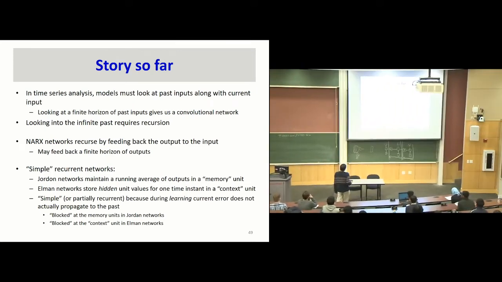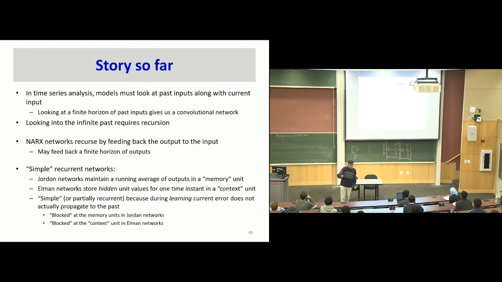Now you have these so-called simple recurrent networks, which explicitly try to model the memory through a variable. Jordan networks maintain a running average of outputs in a memory unit. And Elman networks store the hidden unit values in a variable, in what they call the context unit.